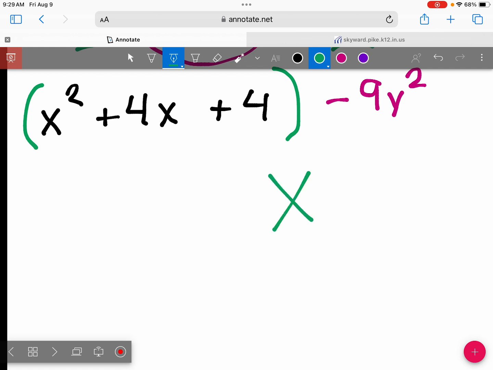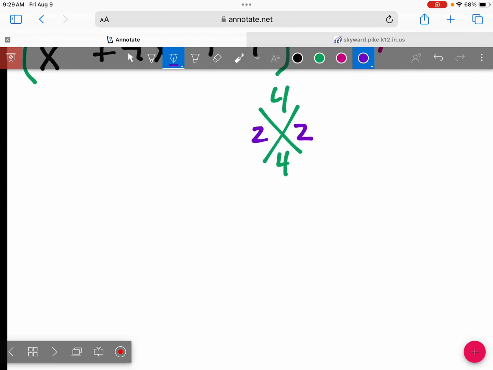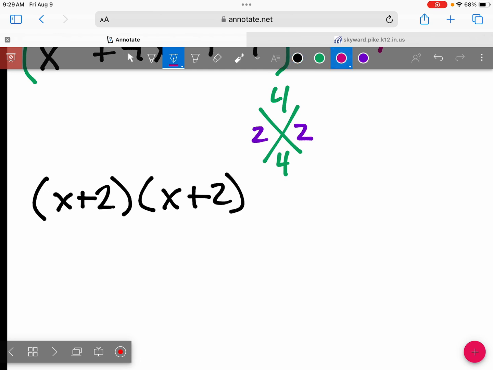So we need a pair of numbers that multiplies to make 4 and adds to make 4. 2 and 2. So we can break it up into chunks. Again, those match, so we're going to wind up with x plus 2 times x plus 2. And this guy's still hanging out over here, we've got our minus 9y squared.